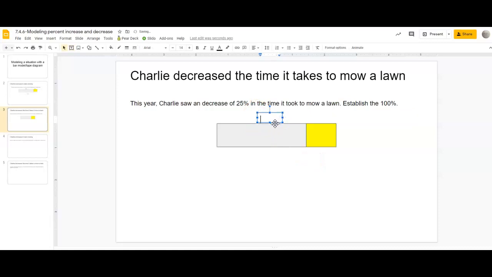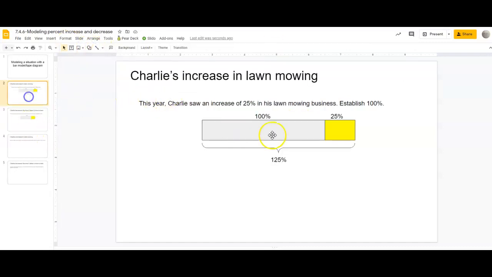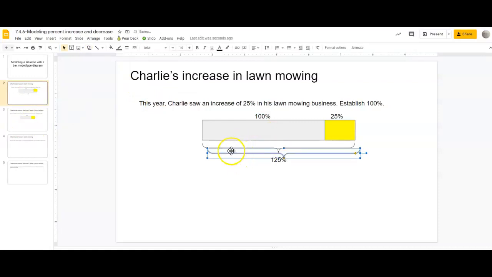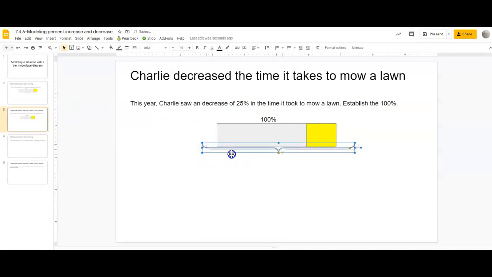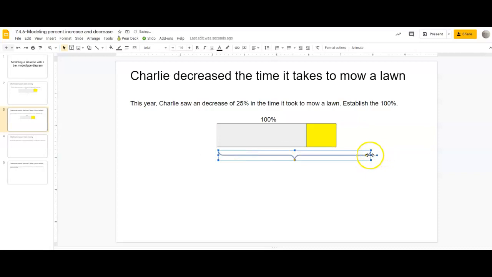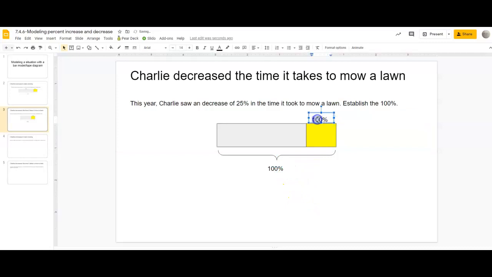So 100%. I'm going to use this bracket here, and we will still call this 100%. Then we'll still call this 25%.